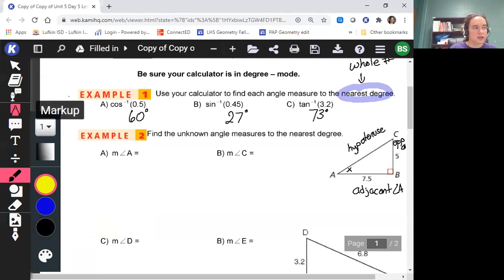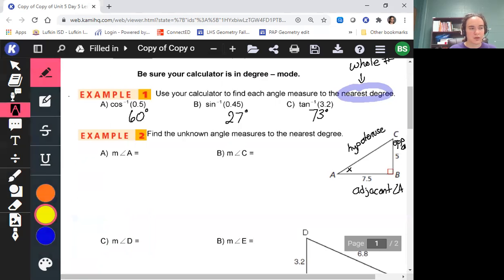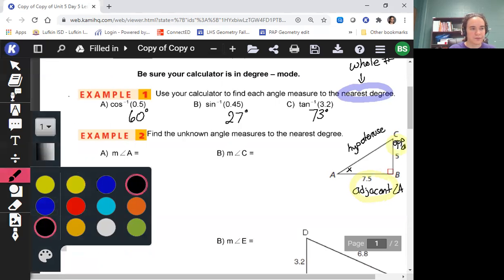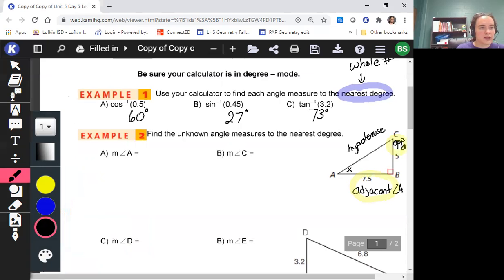Now, when we are dealing with trigonometric ratio inverses, we need two sides of the triangle that have numbers. And our two sides that have numbers are our adjacent side and our opposite side. So what uses opposite over adjacent?